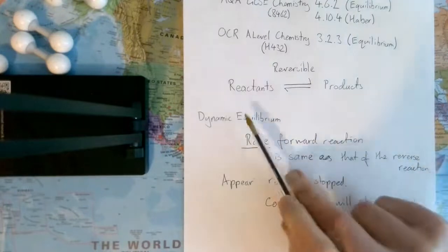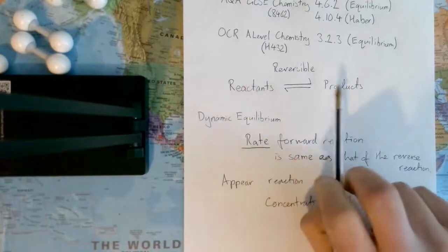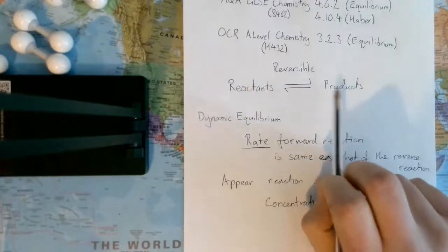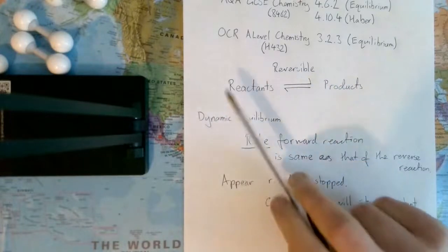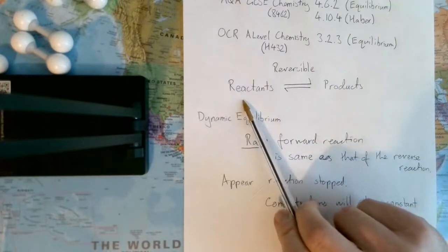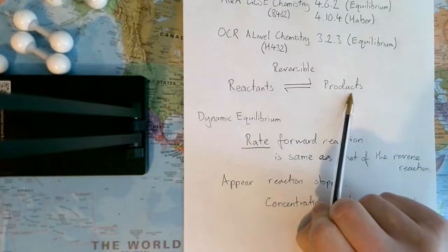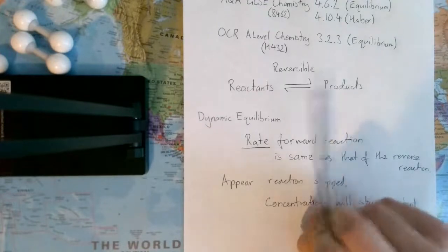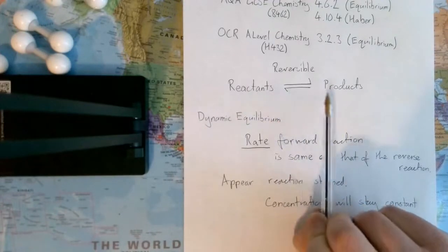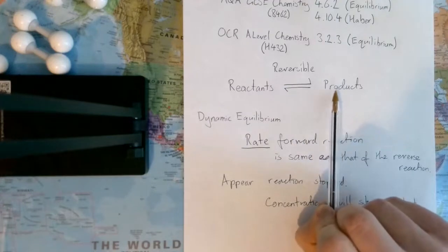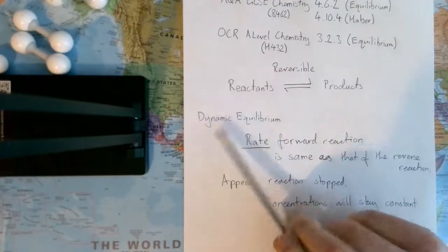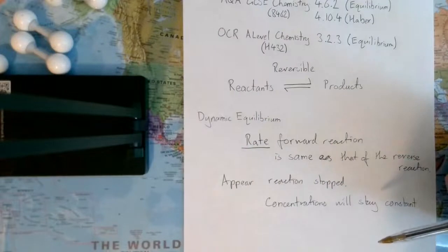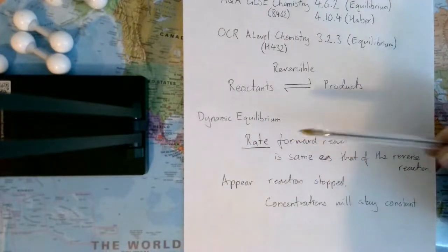It's just that for every single amount of reactants forming products, the exact same amount is returning back. So if you had, let's say, 40% of the stuff existing as the reactants, 60% would therefore be existing as the products. Now it might be that every second 10% of the reactants are turning into products, but 10% are being reformed. So it looks like nothing is happening, but there is constant reaction, but the rates are the same.